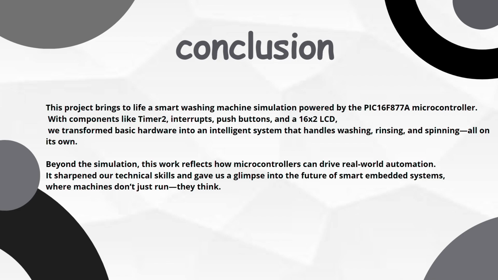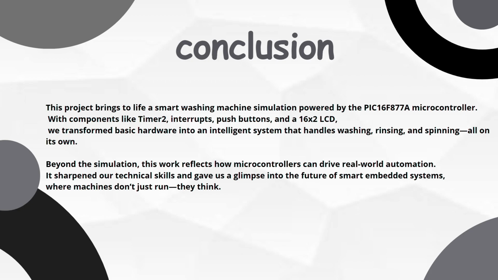Now let's look at the conclusion. This project created a smart washing machine simulation using the PIC16F877A microcontroller, which includes components like Timer 2, interrupts, push buttons, and so on, and also a 16x2 LCD display.